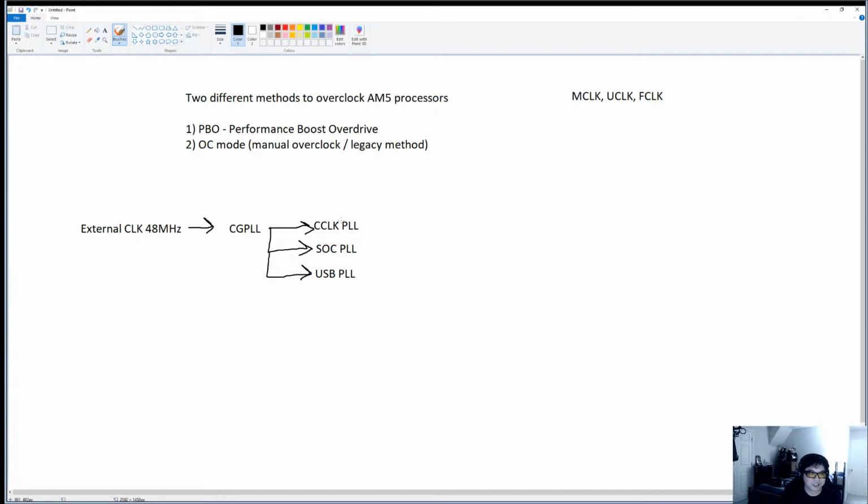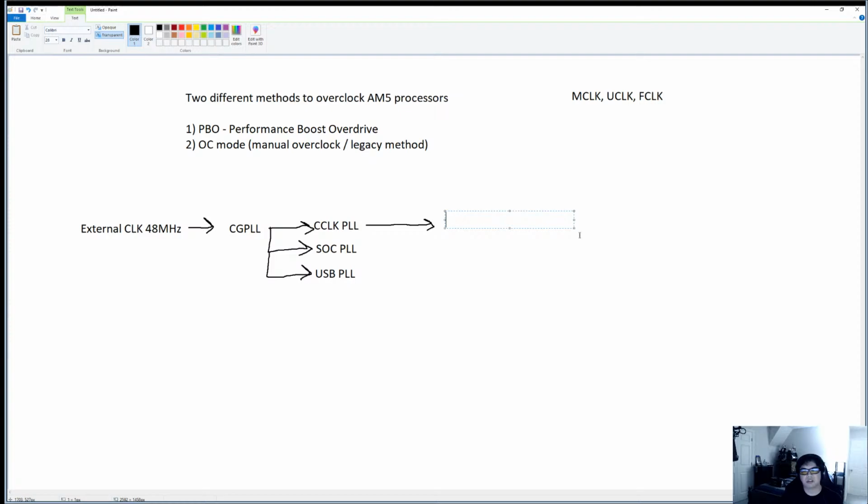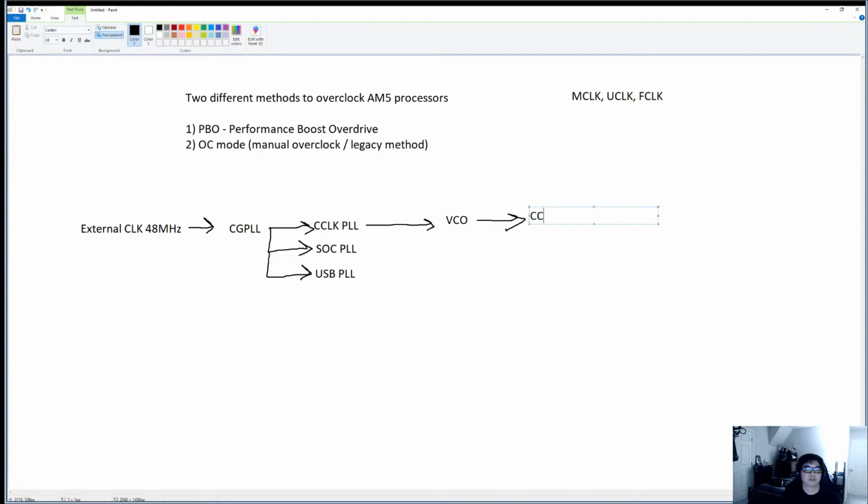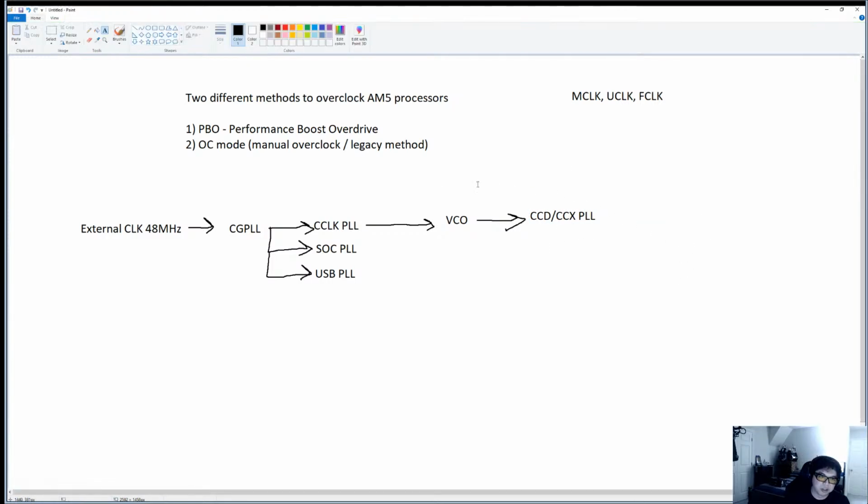So the C clock is important because this one will influence something called VCO, which we may talk a little bit about, and we'll kind of label these out. But VCO will then apply the clock for your CCD, or the CCX PLL. And then this goes to your cores.